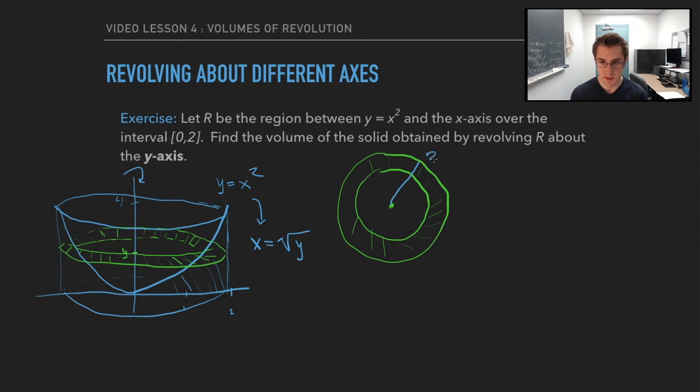This is always 2, independent of y. And hopefully you can see that the inner radius is the distance from the y-axis to the curve here, right? And it's not x squared because we need things to be in terms of y. That's why I wrote x equals square root of y. So the distance from the y-axis to this curve in terms of y is square root of y.